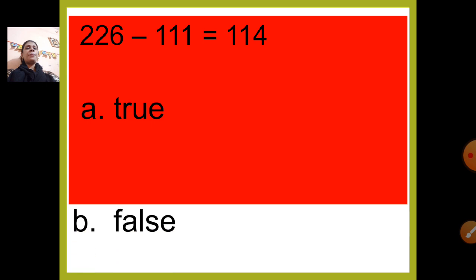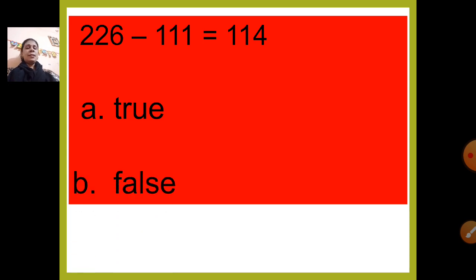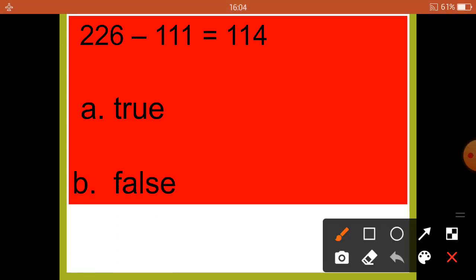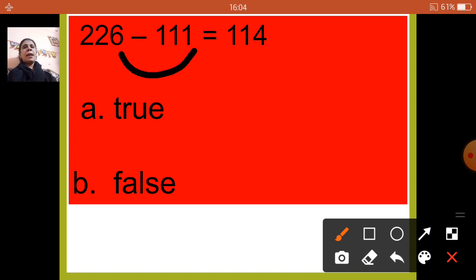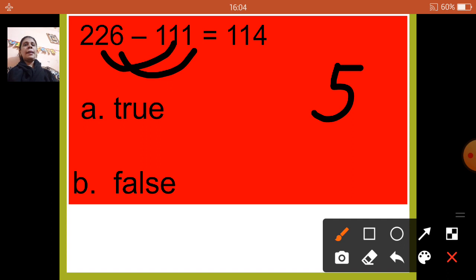Option A true, option B false. Let us subtract and check whether it is true or false. Now 6 minus 1 is 5. But here it is written 4. Then 2 minus 1 is 1. Then again 2 minus 1 is 1. Okay, so we got our answer 115.